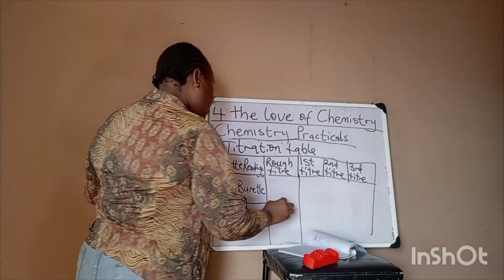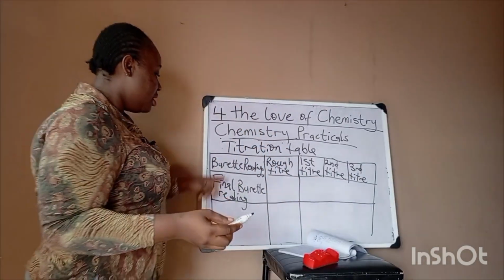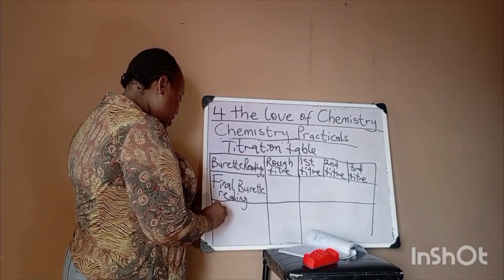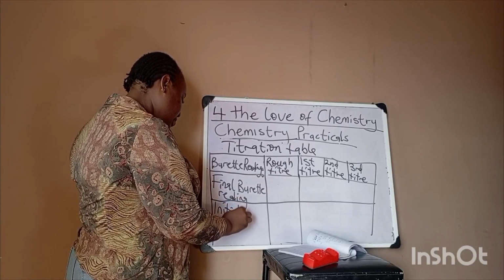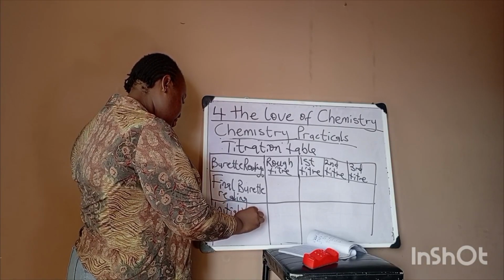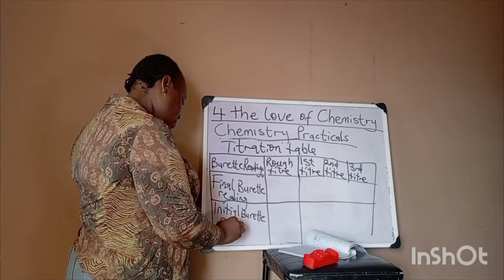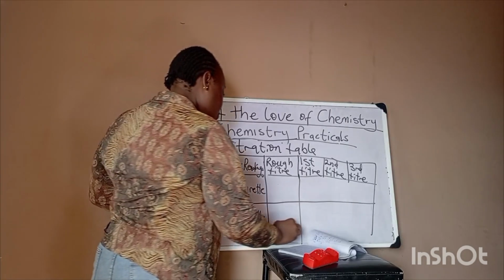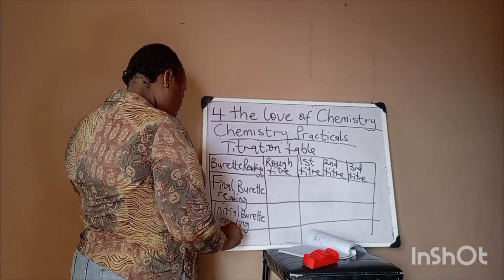Final comes first. I know it doesn't make sense, but it will make sense soon. Final burette reading comes first. Then the second one is initial burette reading. And then the last one is volume of A used.